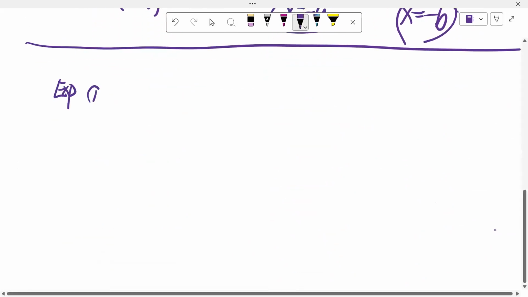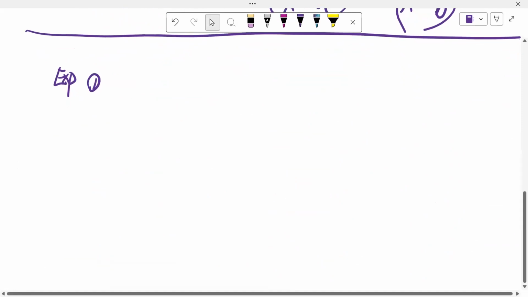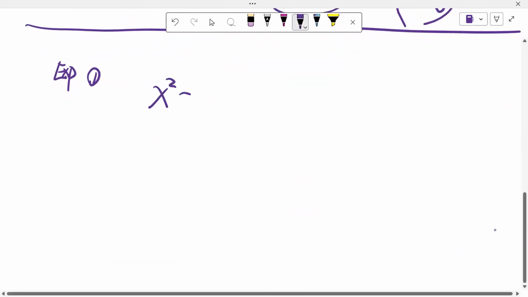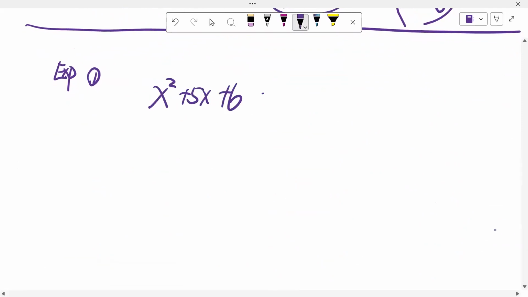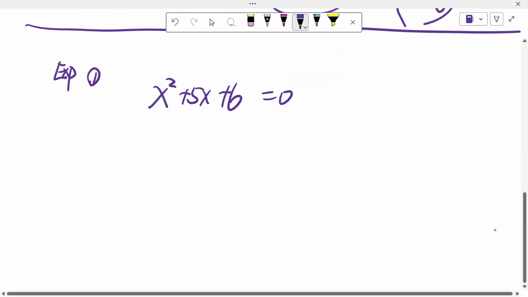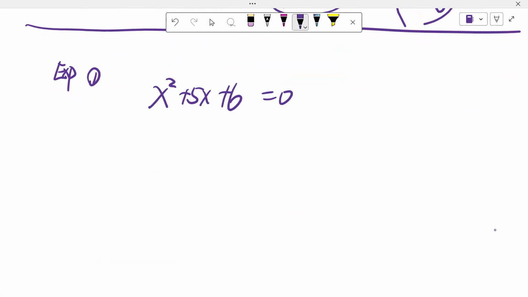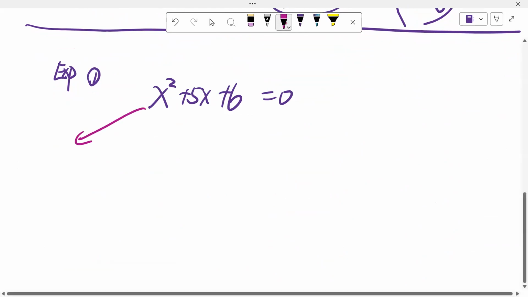Example 1. Let's say we have something like x squared plus 5x plus 6 equals 0. So this is a typical quadratic equation. We factor first: break down the x squared as x times x, and break down the positive 6 as positive 2, positive 3.